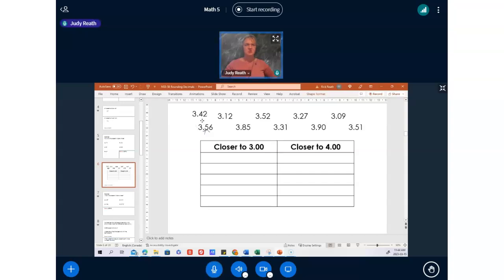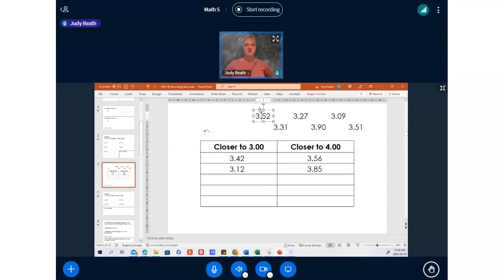This one, we know we round up if we have a 5, so it's closer to 4. 3 42/100 is closer to 3. 3 12/100 is also closer to 3. 3 85/100 is closer to 4. 3 52/100, remember 5 means that it goes up, so closer to 4.